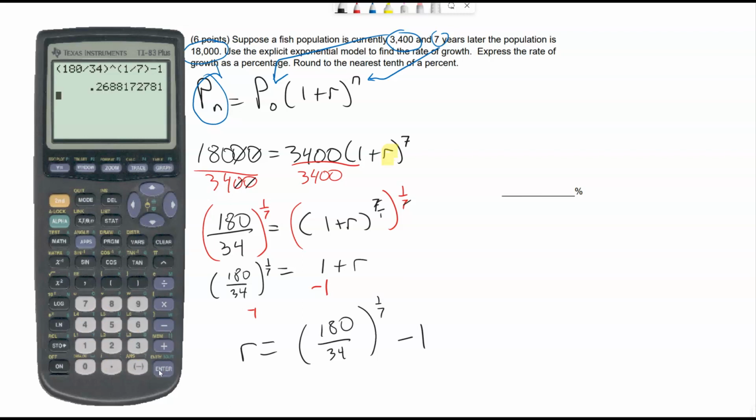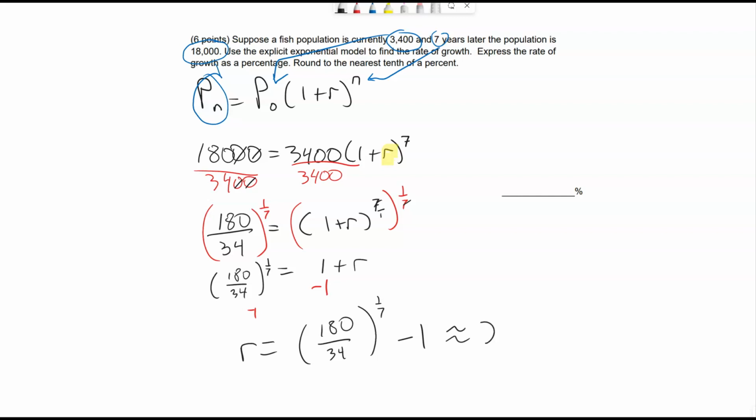This should give us r. Now this is where we would go to a percentage, 26.88. We want to go to a tenth, so approximately 26.88%, and then we can go to the tenths. This would be 26.9%.